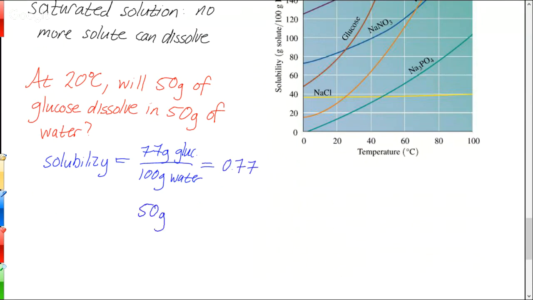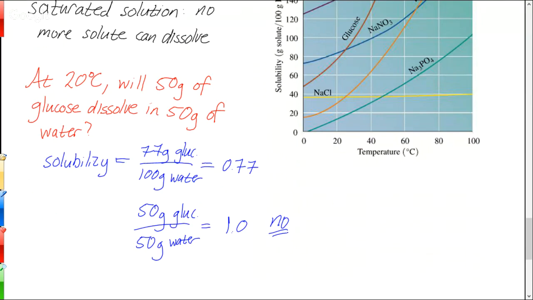What we have is 50 grams of glucose in 50 grams of water, which is 1. So we have a higher ratio of glucose to water than the solubility. So no, 50 grams of glucose would not dissolve in 50 grams of water.